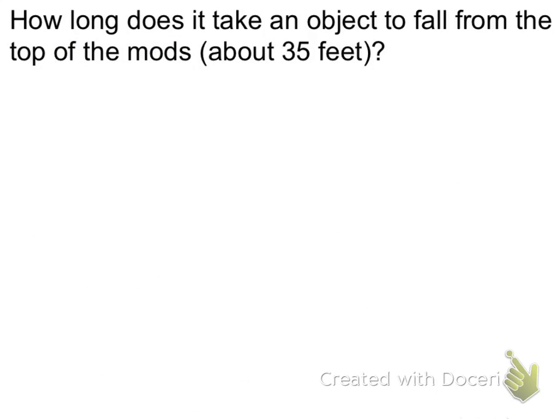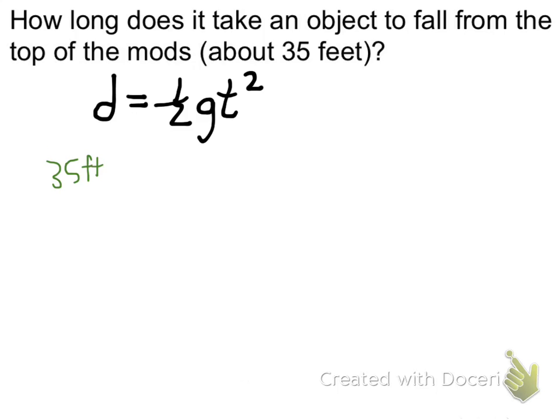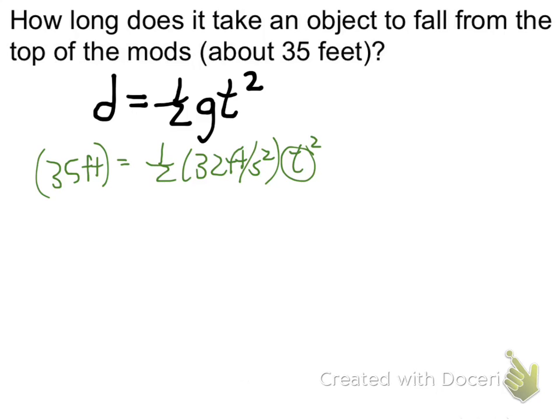So let's see how this equation can be used to answer this question, how long it takes something to fall a specific distance, say from the top of the mods. If we look at our formula, we know the distance is 35 feet, so we're looking at how long it takes something to fall that distance, t.